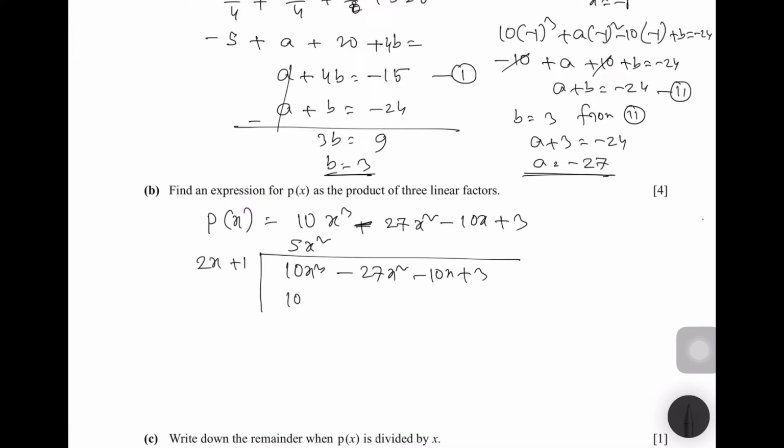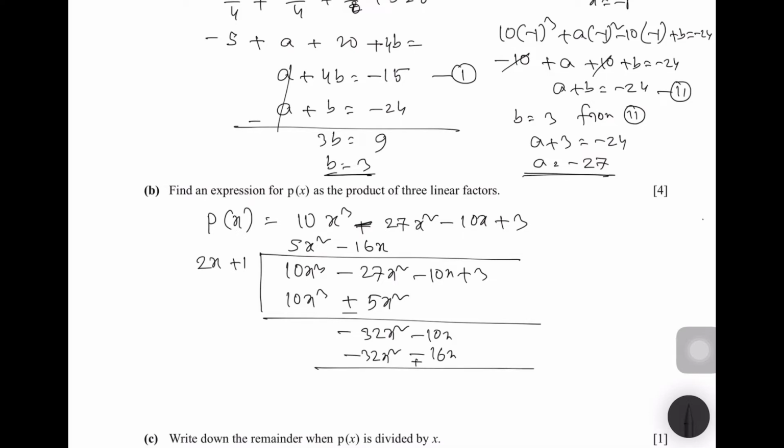So it is becoming 10x cube plus 5x square. Now let us simplify. This is becoming minus 32x square minus 10x. So let me write here minus 16x, minus 32x square minus 16x.